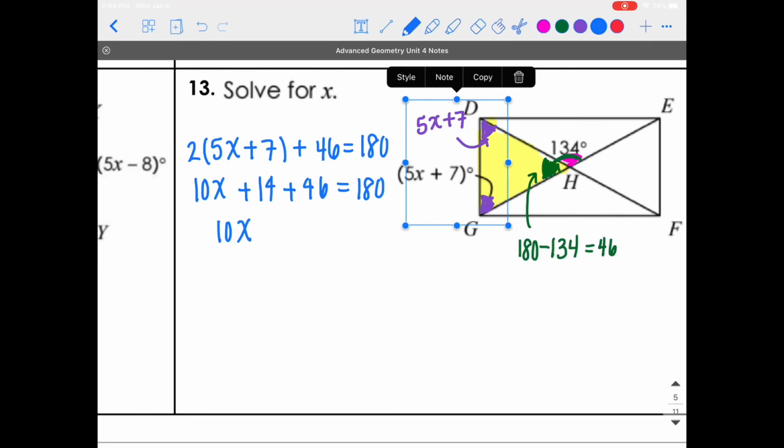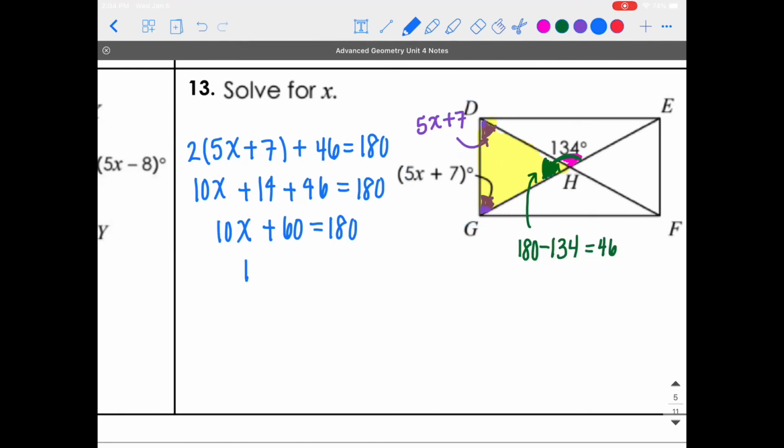Which is 10x plus 60 equals 180. And if I subtract 60, we get 10x equals 120. And dividing by 10, I'm sorry, gives me x equals 12. And that's the final answer.